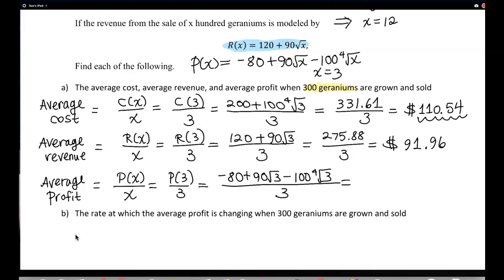I'm typing that in, and the numerator came out to be negative 55.72. And I'm going to divide that by 3. And the answer will come out to be negative $18.57. And this should be the same answer that we will get if we subtract average cost from average revenue. Let me go ahead and write that down here. Average profit.